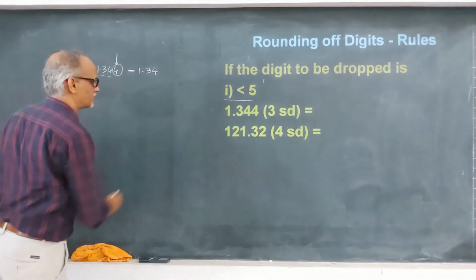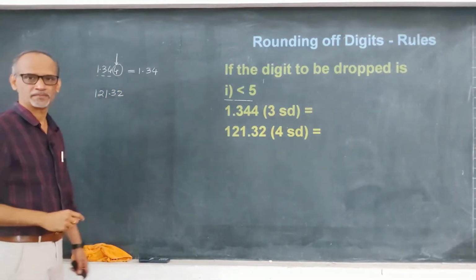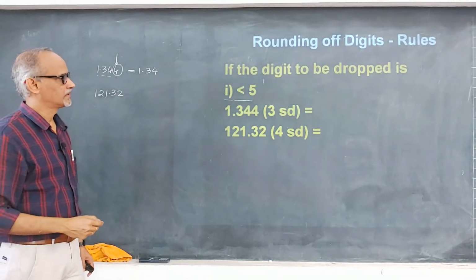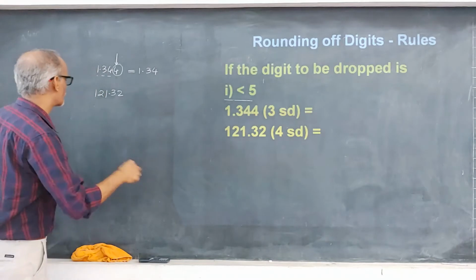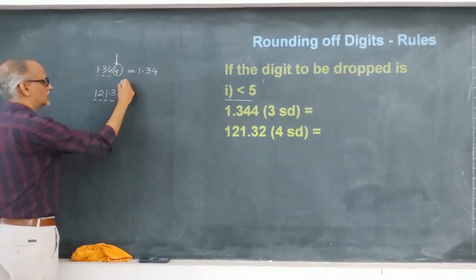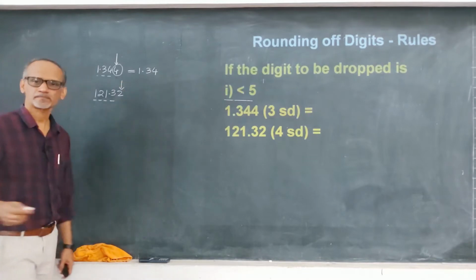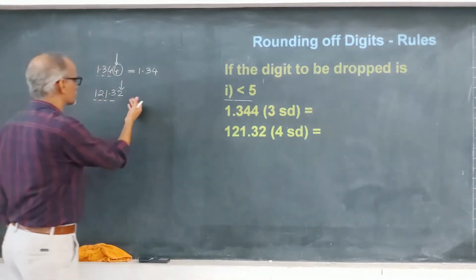One more example. 121.32 is the given number, and within the bracket it's given that 4 significant digits have to be retained. How many? 4. So, 1, 2, 3, 4. So, this is the digit to be dropped. All the digits after that are also to be dropped, even if there is one more digit, everything.